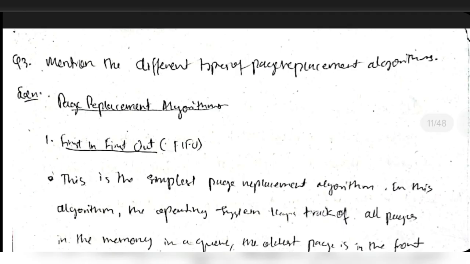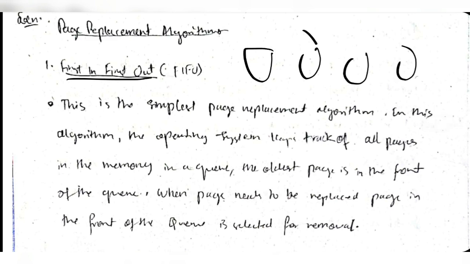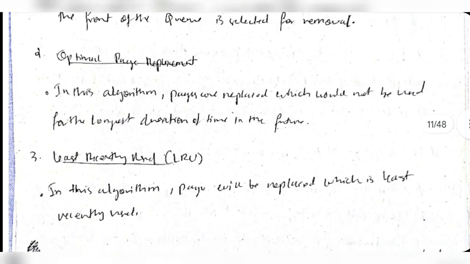Okay. Next question is, mention the different types of page replacement algorithms. So first one is first in first out. If there are pages here, the page which came first in the memory, if it wants to clear, the first page will be cleared. That is first in first out.